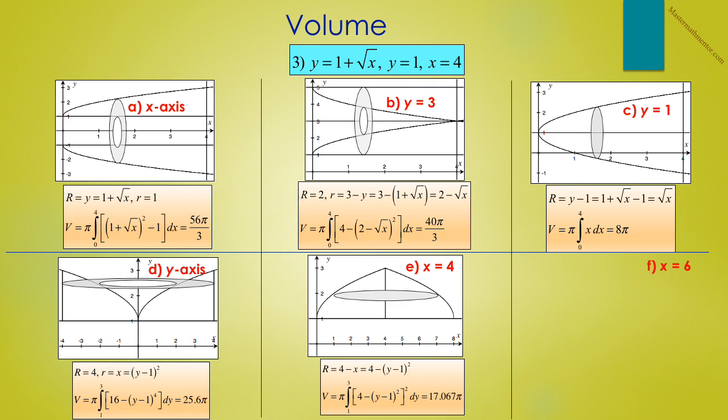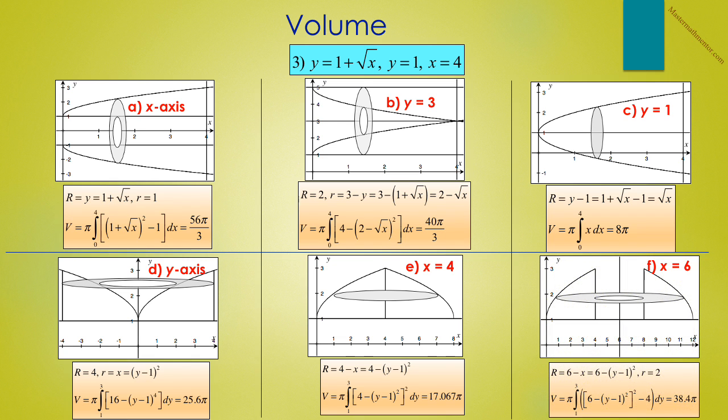17.067 pi. Finally, we are rotating around the line x equals 6. This is a washer problem, as there are two curves to the left and right of the line of rotation. Capital R is 6 minus the x variable, which is 6 minus quantity y minus 1 quantity squared, while little r is always equal to 2.